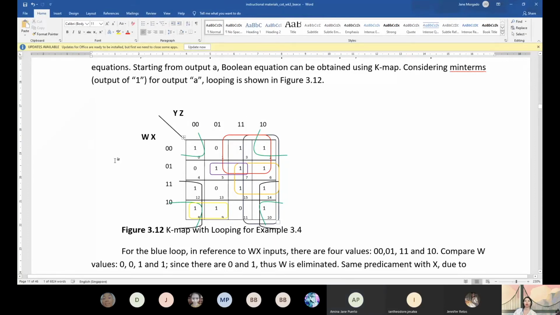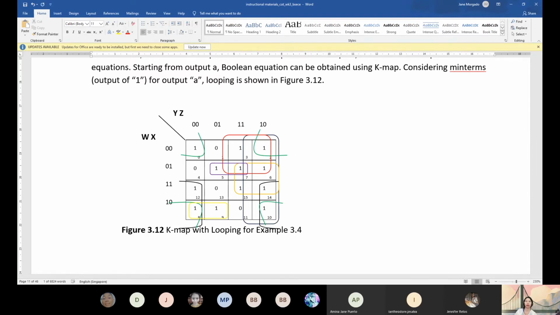Let's note that. A is equal to, for the green loop, X prime Z prime, plus. Next is the red loop. I group together adjacent ones for minterm numbers 2, 3, 6, 7.